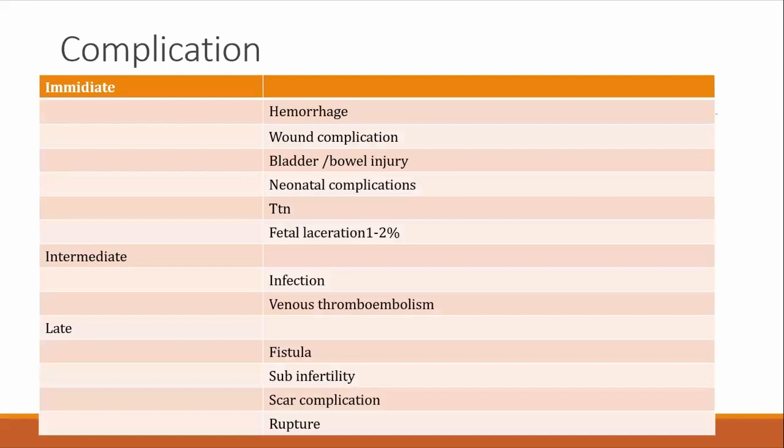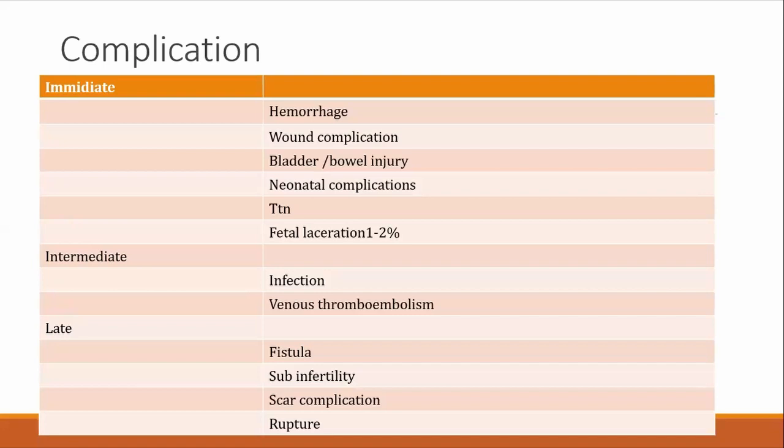So what complications can we anticipate? It can be immediate, intermediate, or late. In the immediate period, we can see hemorrhage, wound complications, and also iatrogenic bladder or bowel injuries, especially in the case of repeated cesarean sections and the presence of adhesions, where we can anticipate this complication.